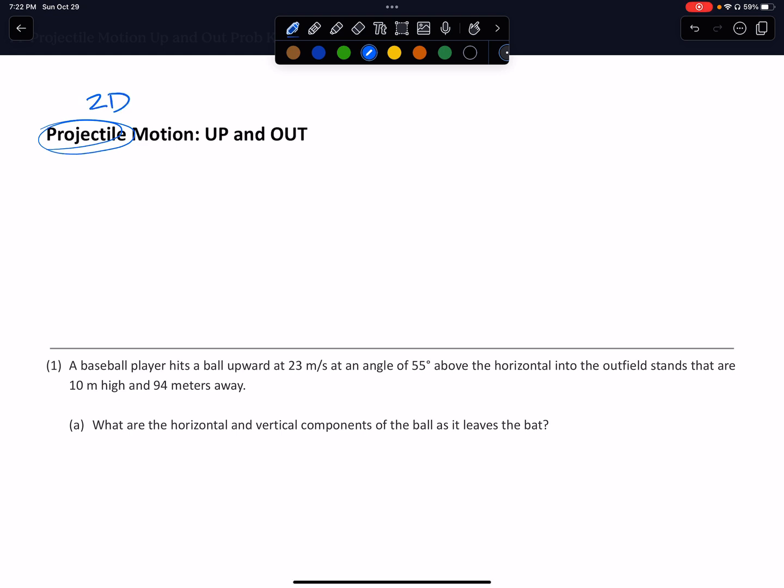This is two-dimensional motion, and it's motion with horizontal and vertical changes. And those changes happen simultaneously.